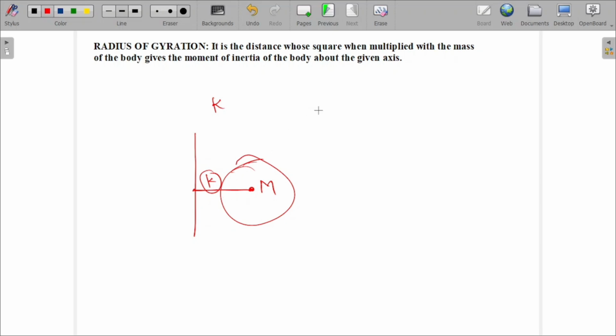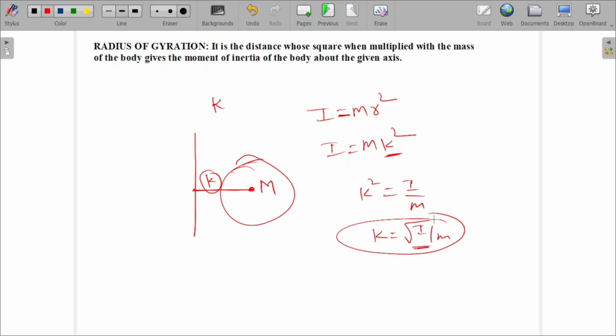So simply, the moment of inertia formula is I equals m r square. Here I equals m k square, where k is called the radius of gyration. So k square equals I by m, then k equals root over I by m. This is the radius of gyration.